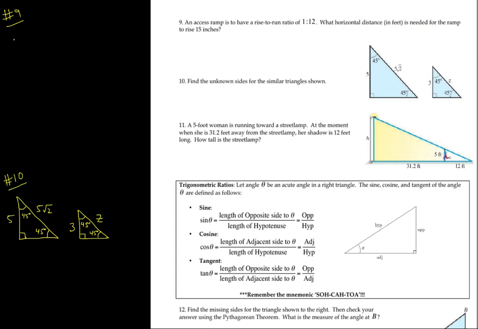Okay, so I'm going to go ahead and draw a picture of our access ramp. The fact that our rise to run ratio is 1 to 12 means that if I rise up 1 inch, then the run, this horizontal distance, would then be 12 inches.